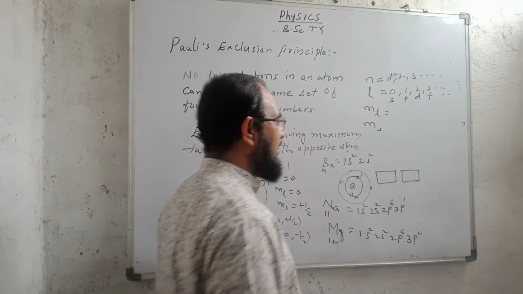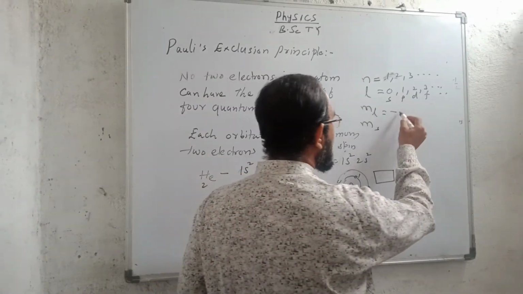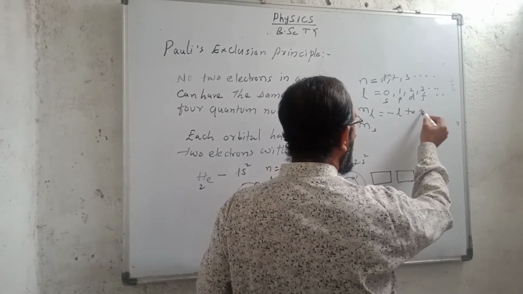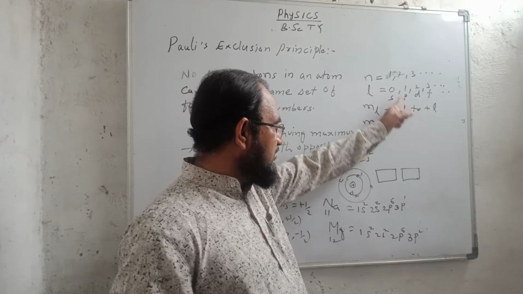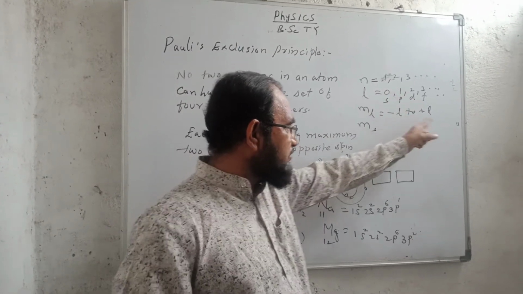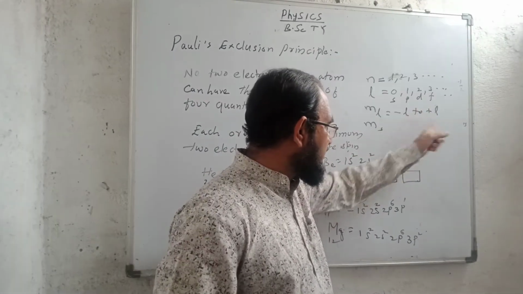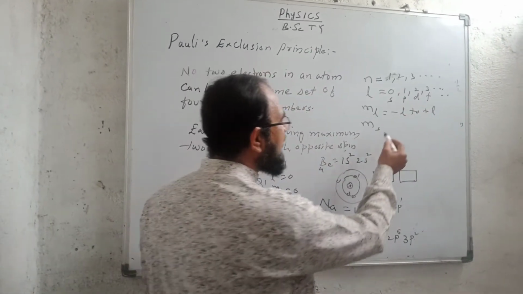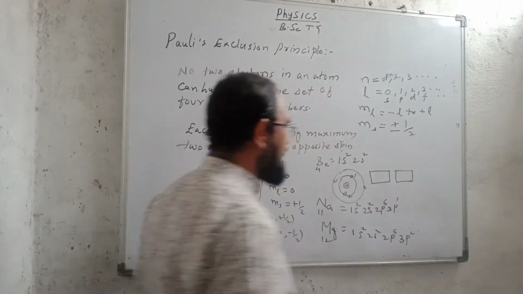Value of ml will vary from minus l to plus l for each subshell. That is, if l is 0, the value of ml will be 0. If it is 1, then it is minus 1 to plus 1. If it is 2, minus 2 to plus 2. If it is 3, minus 3 to plus 3. And the value of ms will take the spin as plus or minus half.